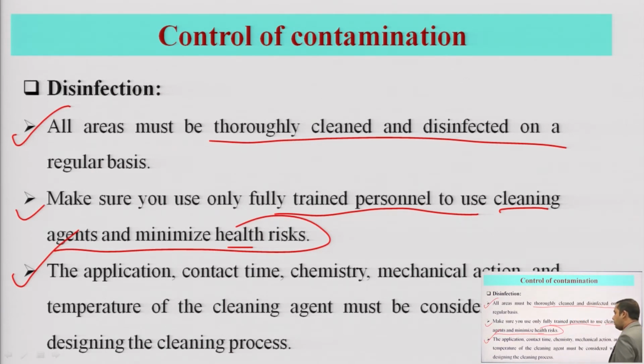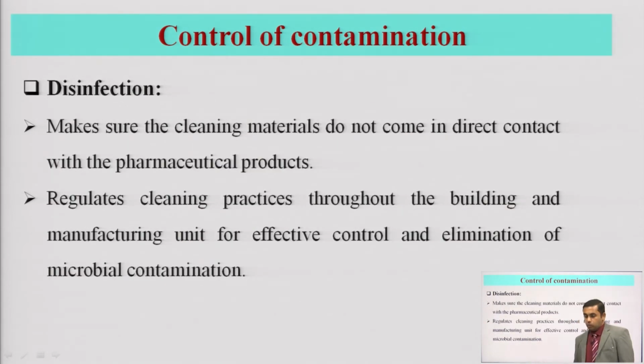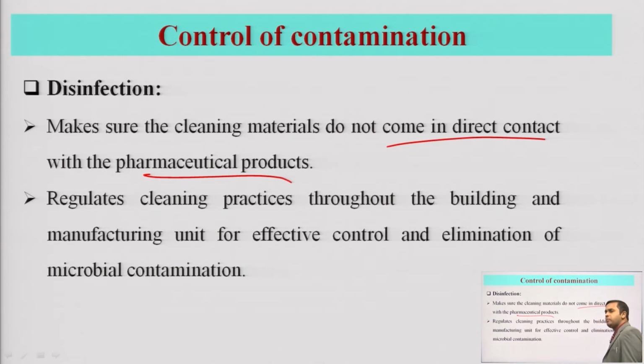Now, the contact time, chemistry, mechanical action and temperature of the cleaning agents must be considered while designing the cleaning process. Make sure the cleaning material does not come in direct contact with the pharmaceutical product. Usually, before starting the batch, we do the cleaning activity, and after completing our entire batch manufacturing, again we do the cleaning activity.